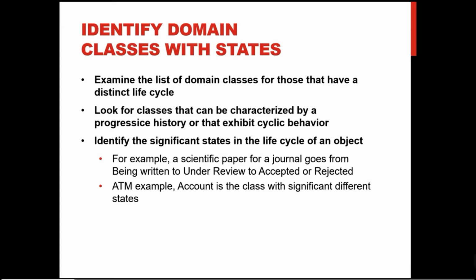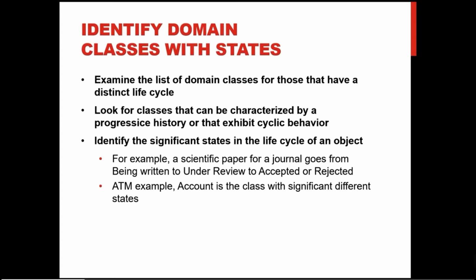It means we should identify the significant states in the life cycle of an object. For example, a scientific paper for a journal goes from being written to under review to accepted or rejected.